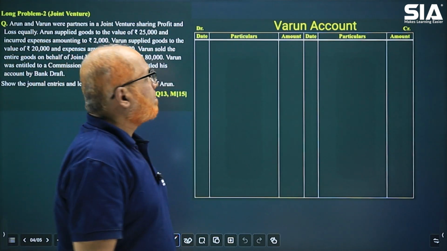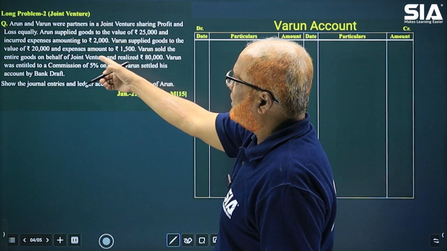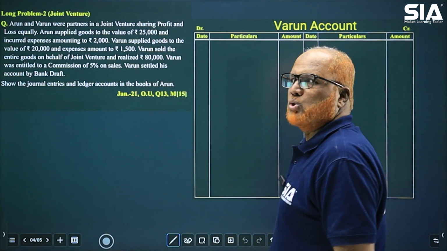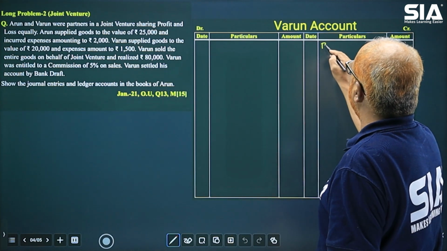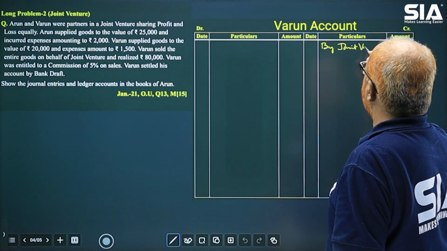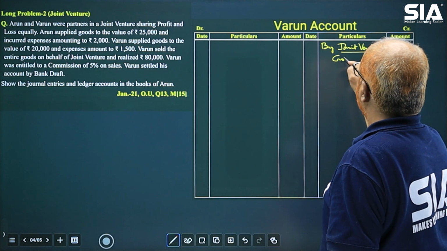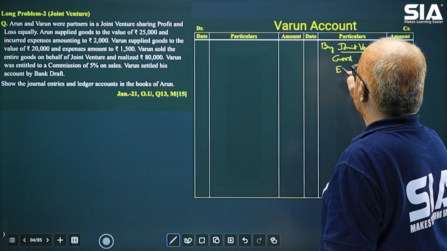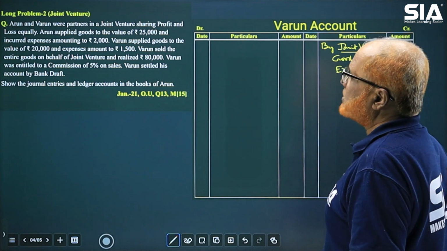Varun account. Starting. Arun supplied goods to the value of 25,000 and incurred expense. So joint venture account debit to Varun, goods and expenses.